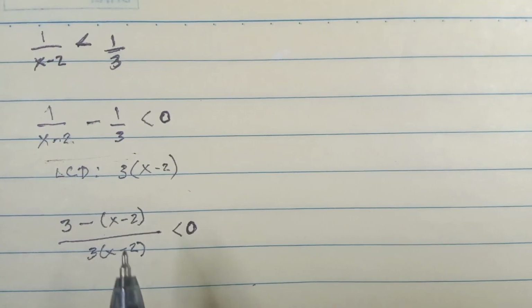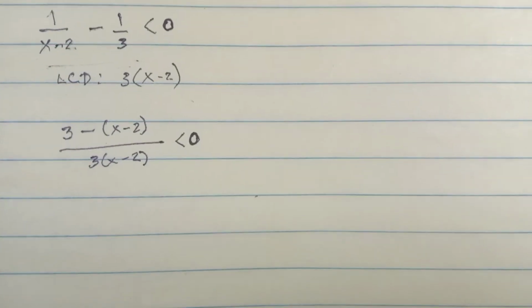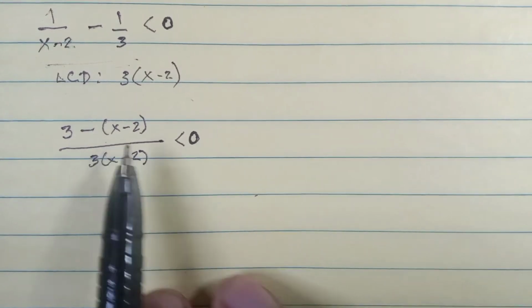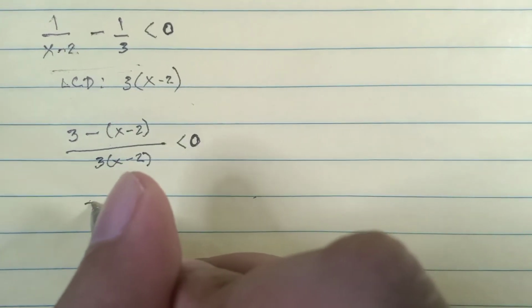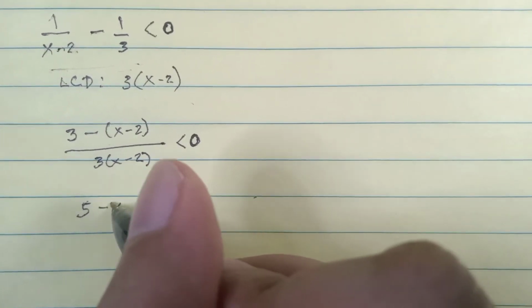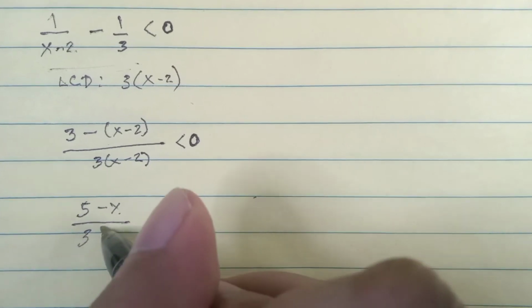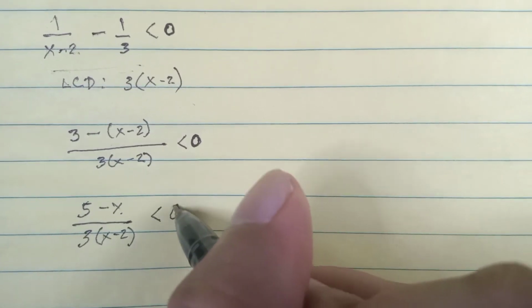Okay, then this inequality, if we simplify this, we can have the numerator 5 minus x over 3 times x minus 2 lesser than 0.